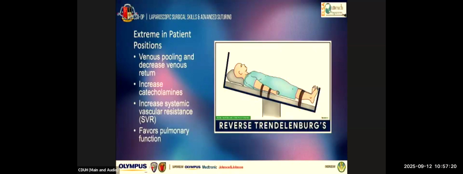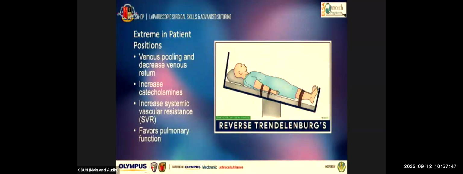So positioning. Extremes in patient positioning can also adversely affect the cardiovascular and pulmonary dynamics. The Fowler, which is the reverse Trendelenburg, causes venous pooling and therefore decreases venous return. There are also increased catecholamines, which can be detrimental for those patients with poor cardiac reserve, wherein you do not want an increased heart rate and increased load on the heart by increasing the peripheral vascular resistance.